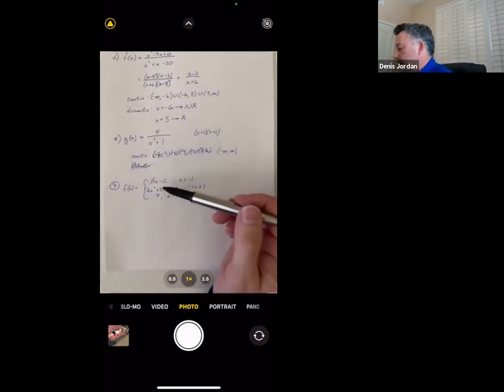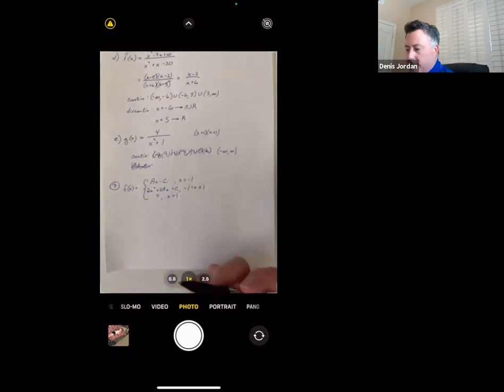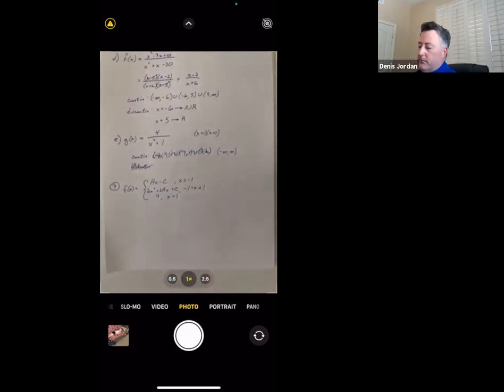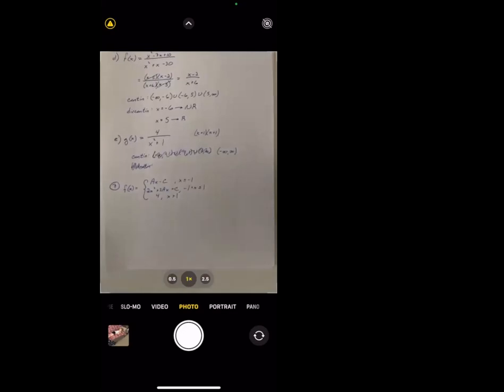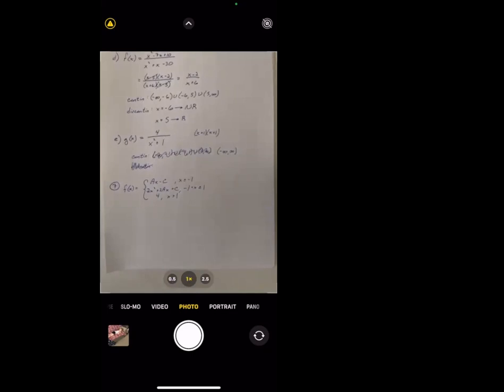So if this function is going to be continuous, what needs to happen between this first piece and this second piece if you actually graphed it? They need to all match up. What do you mean by that? Well, each piece, their endpoints would be the same y value.